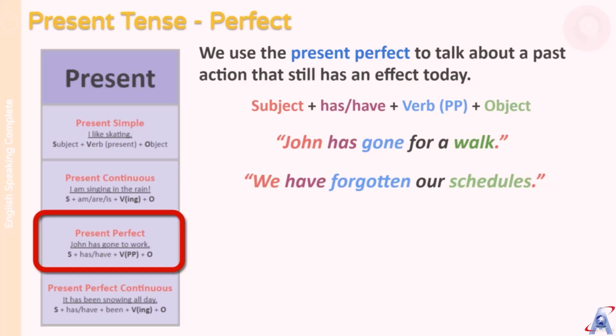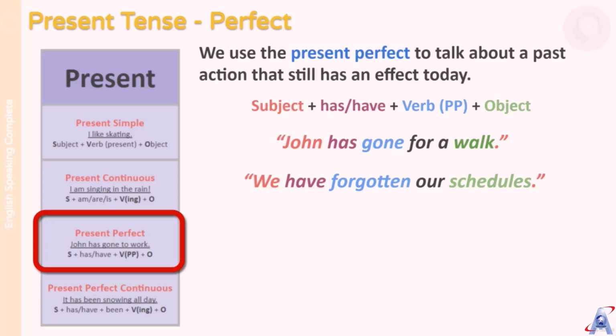V2, forgot. V3, forgotten our schedules. So we forgot the schedules earlier. Therefore, we don't know where to go. The effect is we are lost. We don't know where we need to be. So, something that happened in the past that has an effect today.